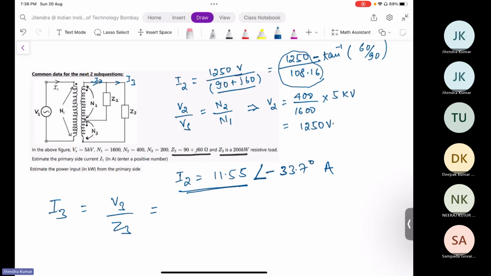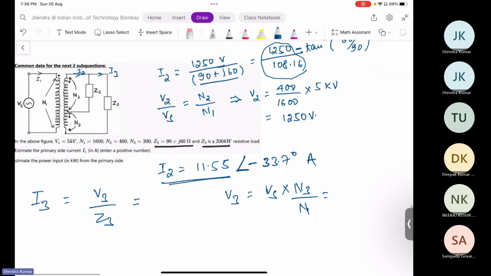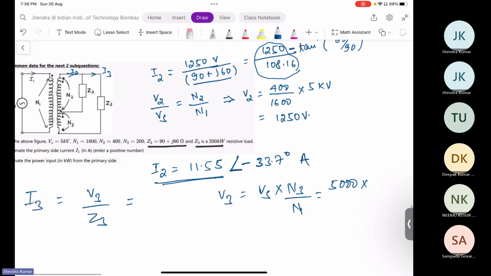So V3 first you need to compute. V3 is equal to Vs into N3 by N1. So Vs is 5 kV into N3, not only N3, we will require N3 plus N2. Am I right? Sir, we have calculated already V2. We just calculate V3 and then add up V2 plus V3.